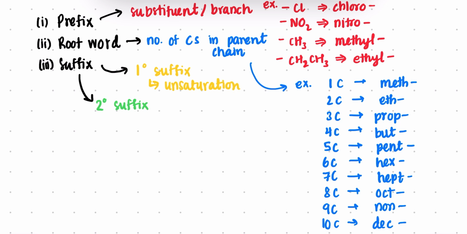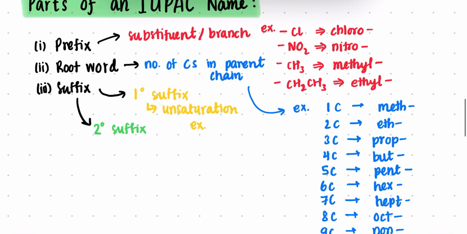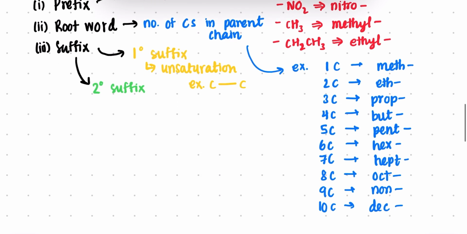These are examples. If we have a single bond, like carbon, single bond, carbon, then we would go with ane. By the way, ane is when all the bonds present are single bonds.